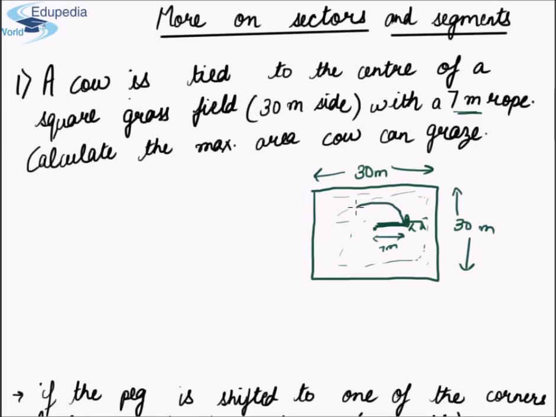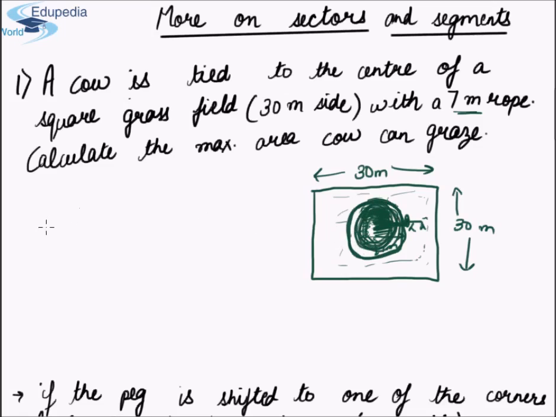That is, in the whole circular pattern, this circle, the cow can move with this 7-meter rope. So the maximum range is this boundary, and inside this boundary the grass can be grazed by the cow. So in short, we have to calculate this area. This is the maximum grass that the cow can graze.